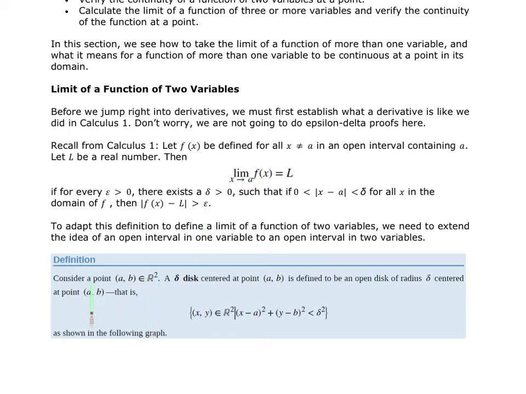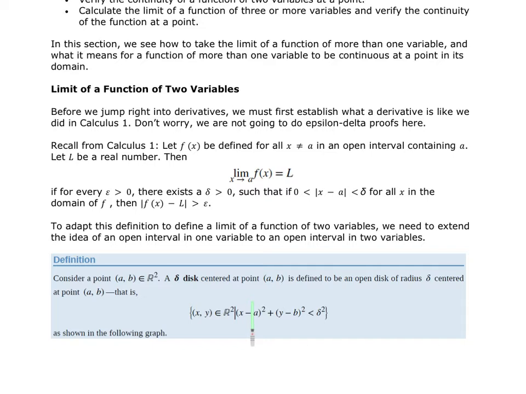Now, we're going to consider what this looks like in 3 space. In 2 space, we had some interval that had that x value in it. In 3 space, what we have is a disk of radius delta. So similar to what we did before, we have x minus a squared plus y minus b squared is less than some delta squared, because these are both squared.